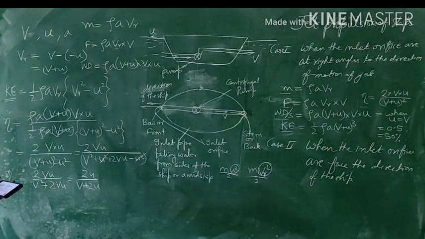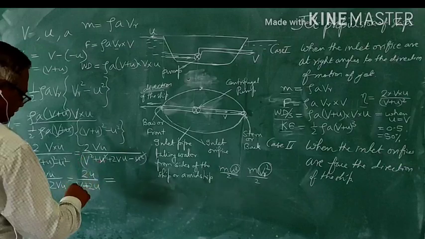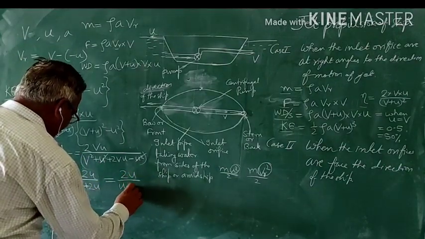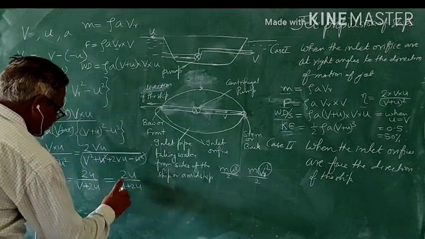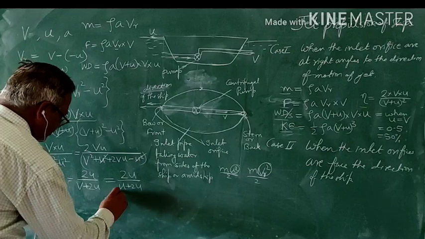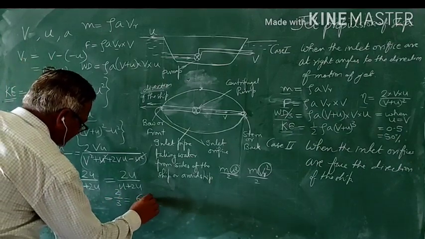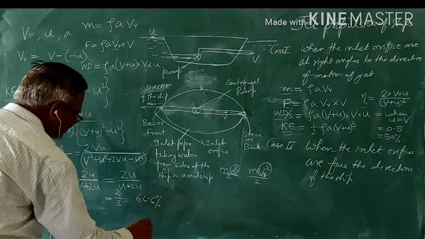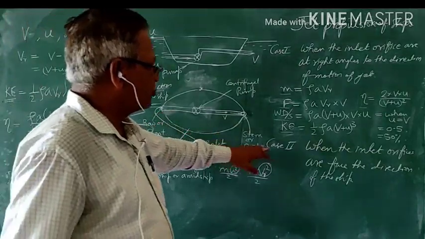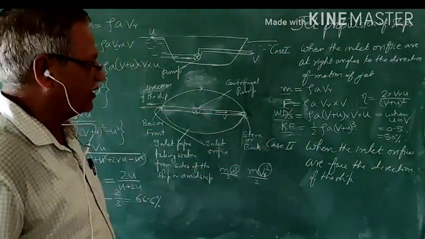So we substitute U for V: 2U upon U plus 2U, so it is 2U upon 3U, U cancels out, and it will be 2 upon 3, that is 66%, 0.67. So this is the maximum possible efficiency in case 2, when we are taking the water from the front and leaving it at the back.